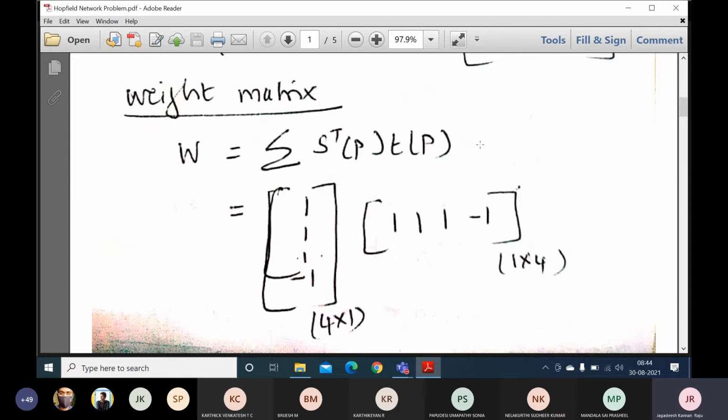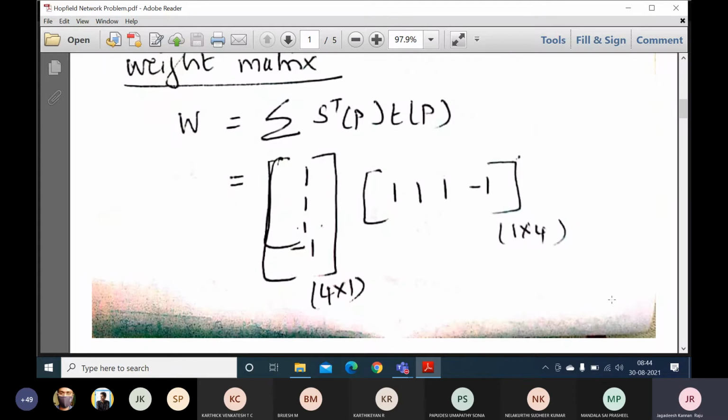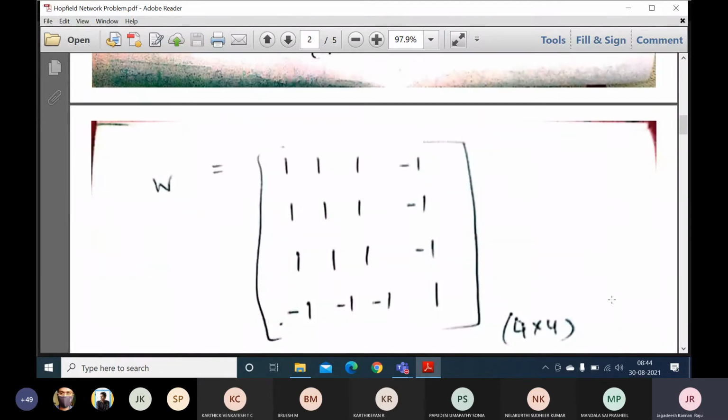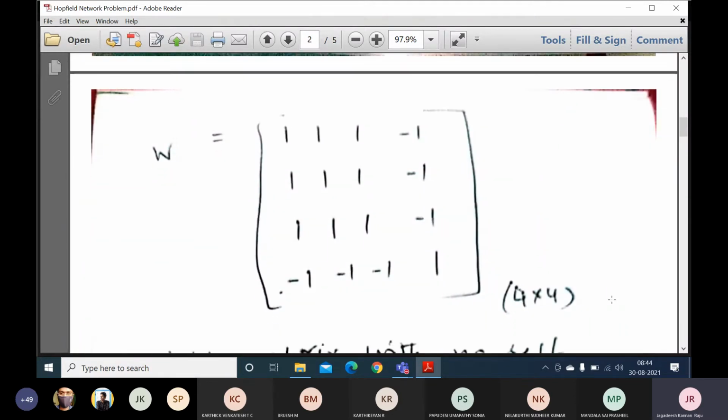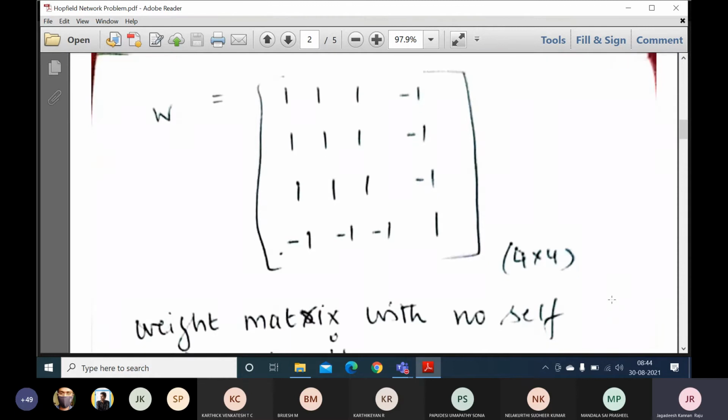What is input, I need the same as output over here: 1, 1, 1, -1. So this is 1 cross 4. If I multiply this 4 cross 1 and 1 cross 4 matrix, I get a weight matrix as a 4 cross 4 matrix. Is it clear?